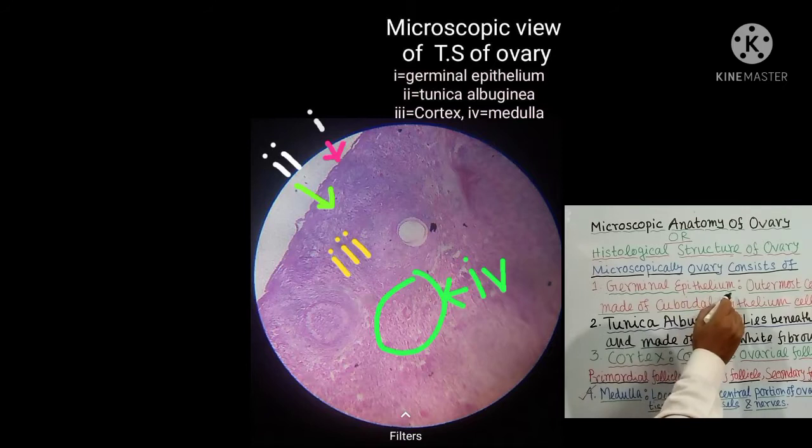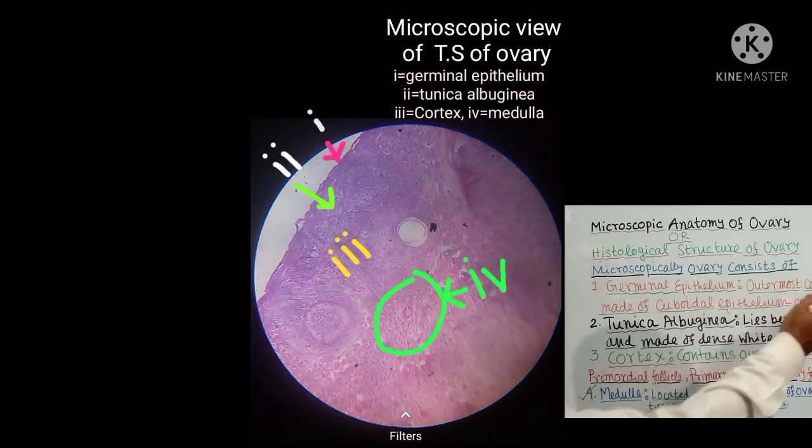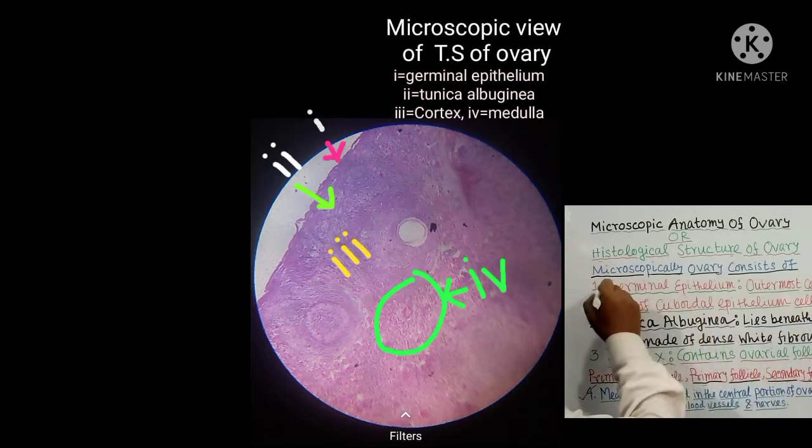Germinal epithelium, that is the outermost covering of the ovary, is denoted here by Roman 1, and next Tunica albuginea is denoted here by Roman 2, and the cortex region is denoted by Roman 3.